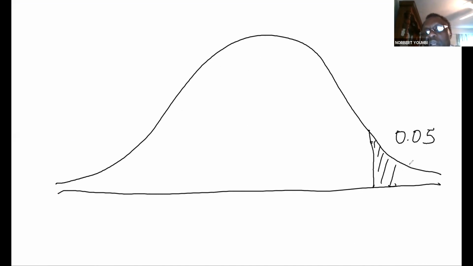So we are going to look into the Z distribution table for the Z value so that the area to the left is 0.95, that is doing 1 minus 0.05. As we did in chapter 7, when we were doing 90% confidence level, when we divided 10 by 2, we had 5%, 5%. You will get 1.65 here. So that is the critical value.